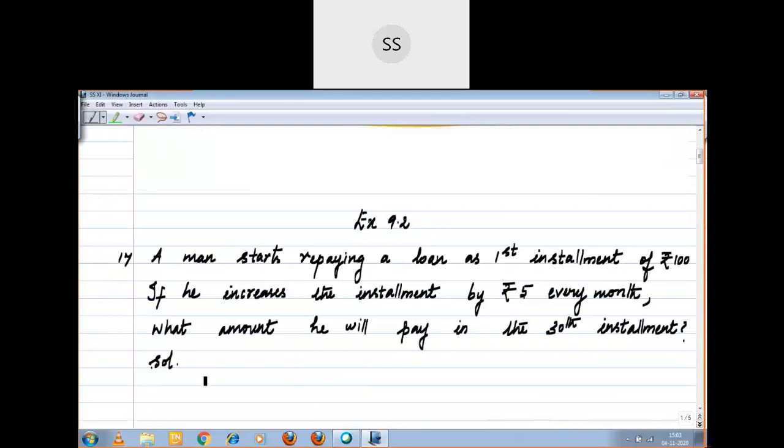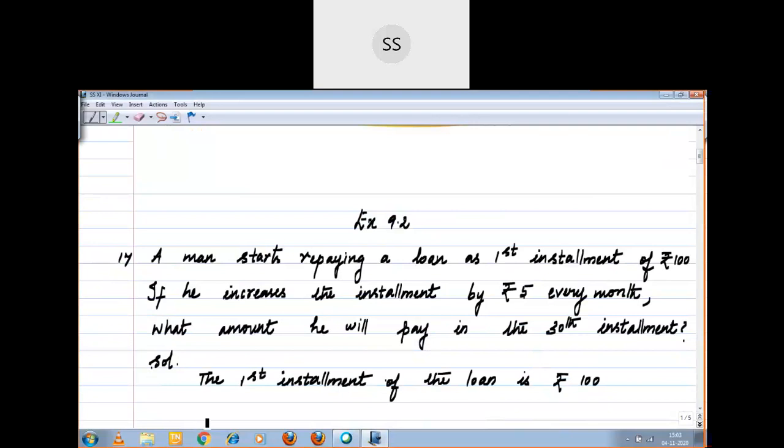The first installment of the loan is rupees 100. Then he increases the installment by rupees 5 every month. That means in the second month, what does he have to pay? 105. Right.